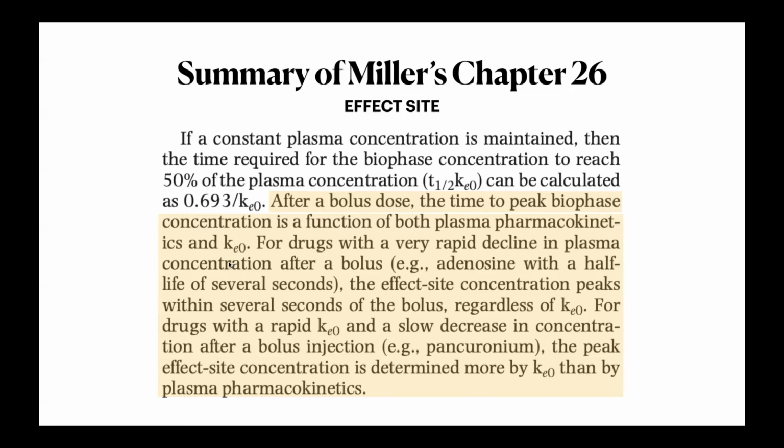For drugs with a very rapid decline in plasma concentration after a bolus, for example, adenosine with a half-life of several seconds, the effect site concentration peaks within several seconds of the bolus, regardless of KO.